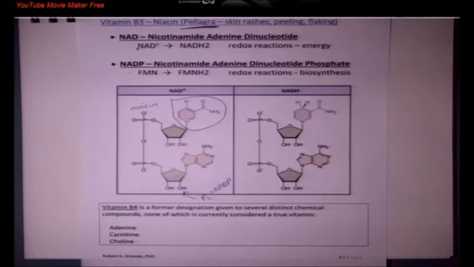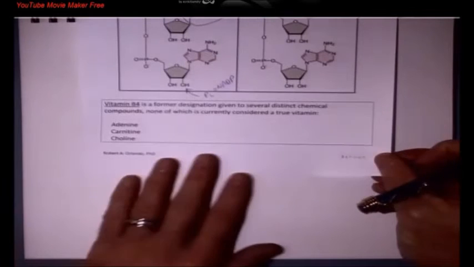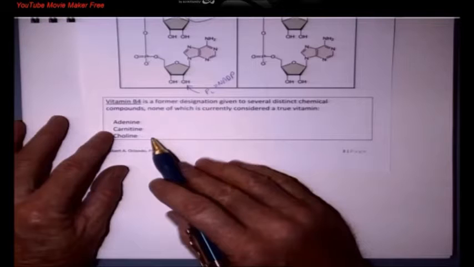Now I put this here because I had no idea myself. We're going to go from B3 to B5. And for some reason, I never asked myself until this past summer, what happened to B4? Well, B4 was a designation given to several chemical compounds.